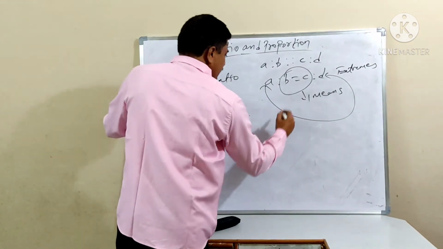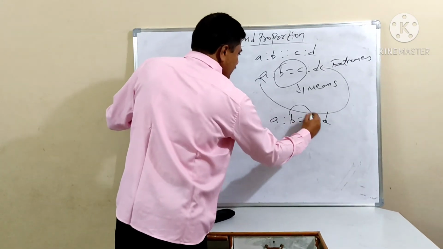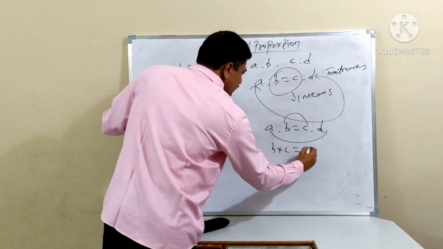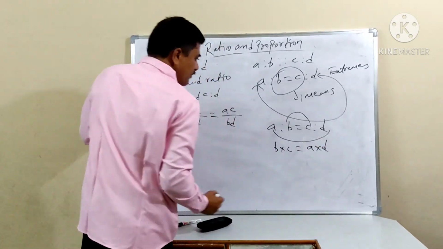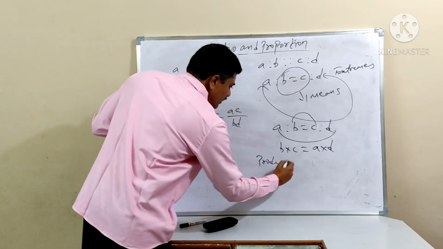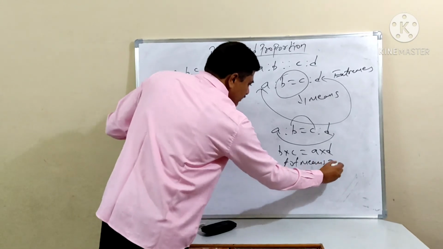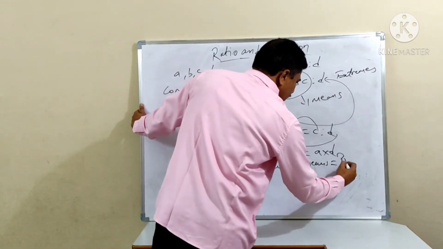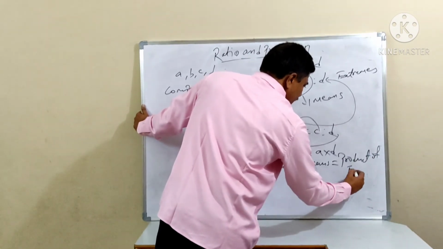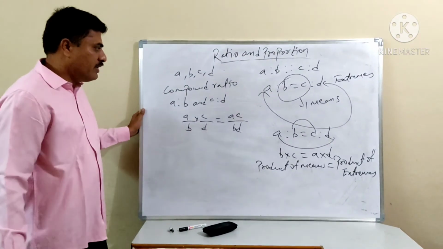A is to B is equal to C is to D. Here B, C and A, D. B into C is equal to A into D. Product of means is equal to product of extremes.